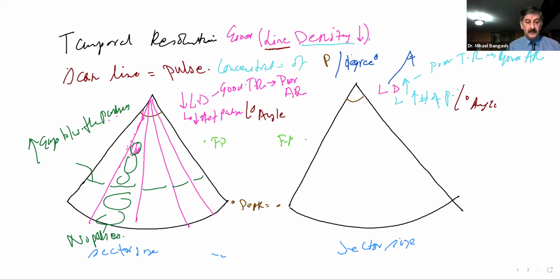And if there's no pulses traveling in a bigger area of your image, what does that mean? Your system doesn't have anything to calculate or determine your axial resolution. Did that make sense?